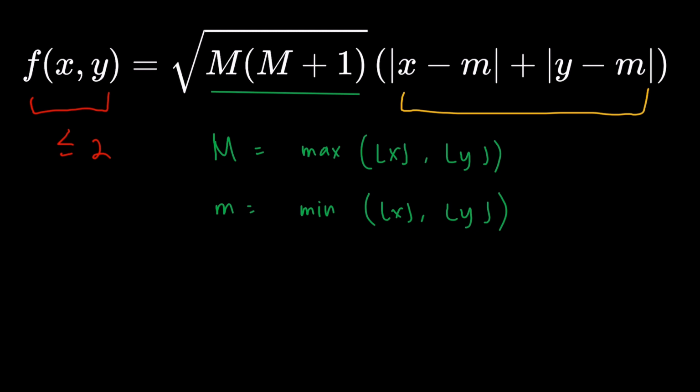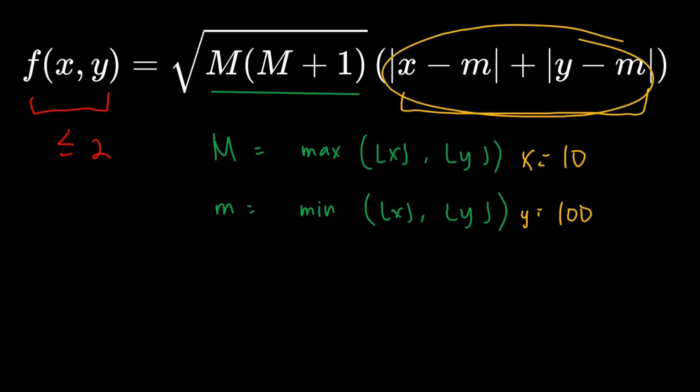So the yellow part would get big if x and y differ by a lot. I'm just going to take a random case. Let's just say x is like 10, then let's just say y is 100. Capital M is going to be big, obviously, because I made y to be 100, but this expression would also grow because small m is just the minimum of the floor of these two numbers, so small m would be 10.